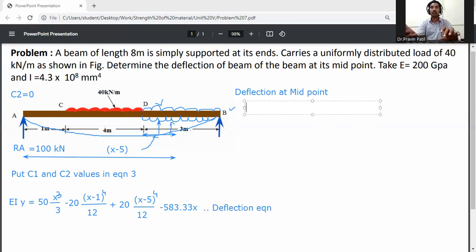So put x is equal to 4 meter, and y is equal to the midpoint ym. Put x in the deflection equation.